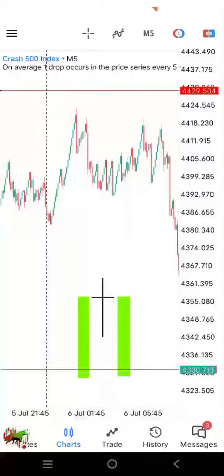It can be any type of doji: a gravestone doji, a dragonfly doji, a simple doji, a pin bar doji. There are thousands of kinds.